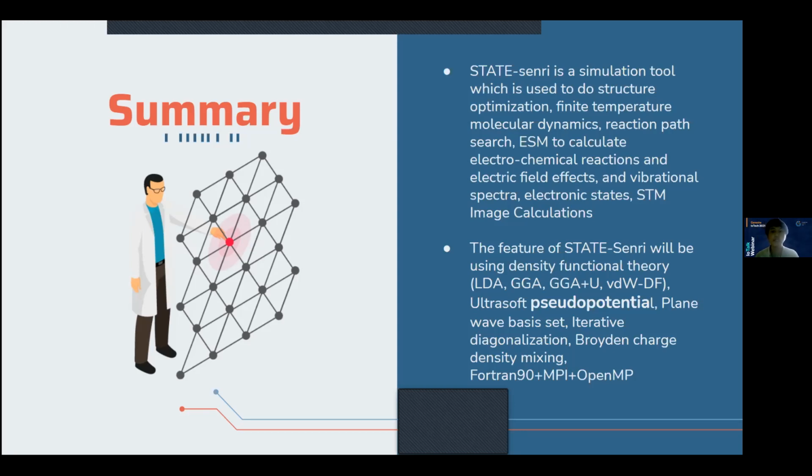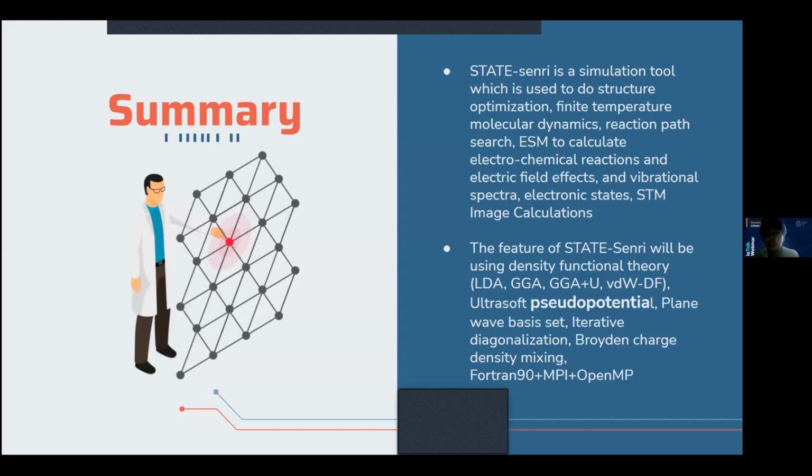Okay, and then the next is the features. The feature of STATE Senri itself is that it uses density functional theory, with many variants like LDA, generalized gradient approximation GGA, and GGA plus U, and of course plane waves such as PW91 and PBE.